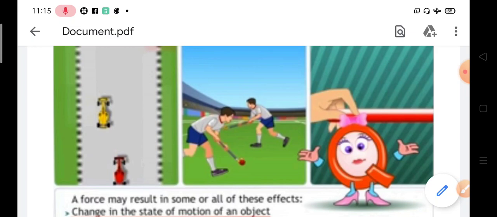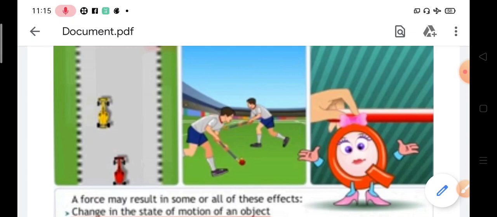As it falls, its speed increases, because this time it is moving in the direction of the force of gravity. Now how did it gain the speed? It gained the speed due to the attraction force of the earth. So this shows that in order to make a body move faster, the force applied must be in the direction of motion.